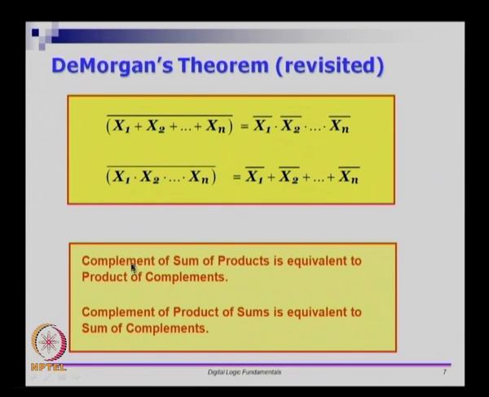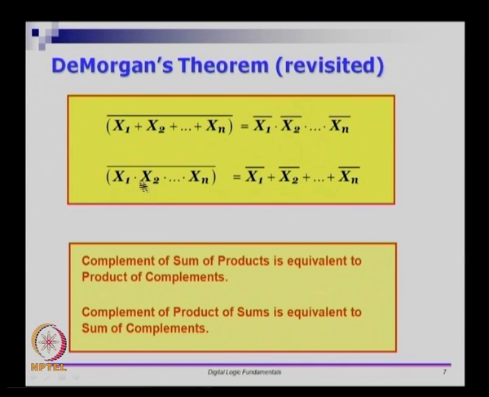What it essentially says is, if I start with a sum of products, so let us say x1 itself is a product term, x2 itself is a product term and so on, and I take the summation of those individual product terms and then take the complement, the complement of sum of products is the product of the complements. You can see that each term got complemented.